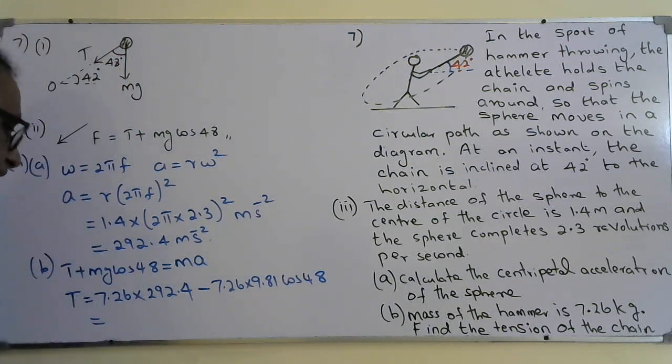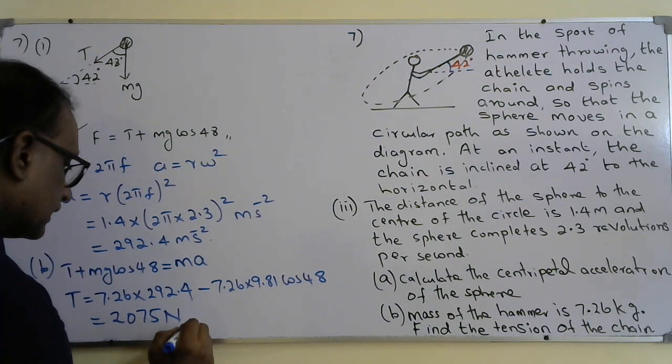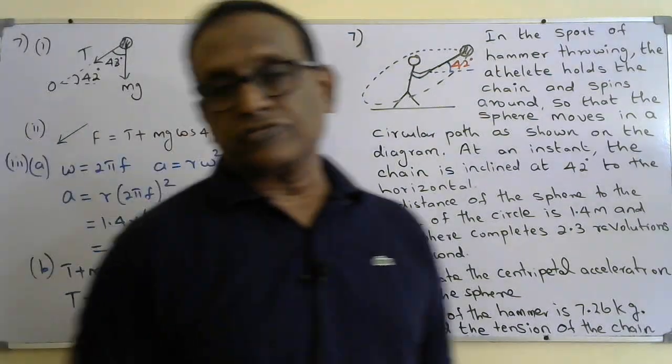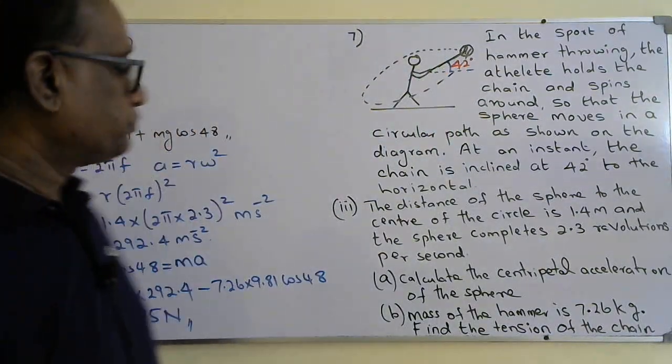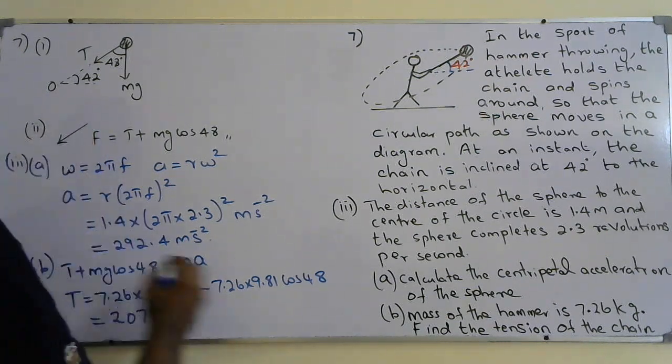Solve it, and you will get the tension equal to 2075 newtons. That is the tension of the chain. I am using this towards the center of the circular path.